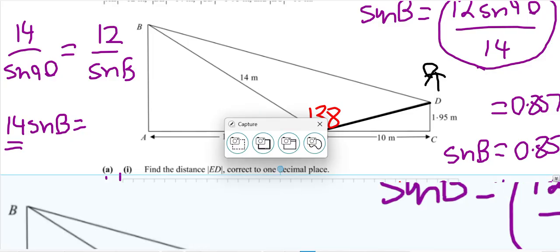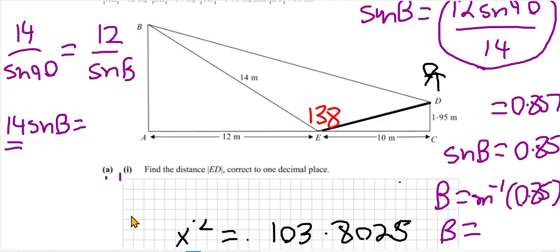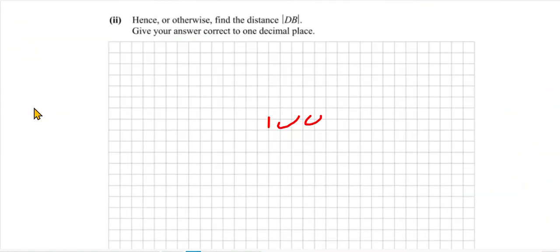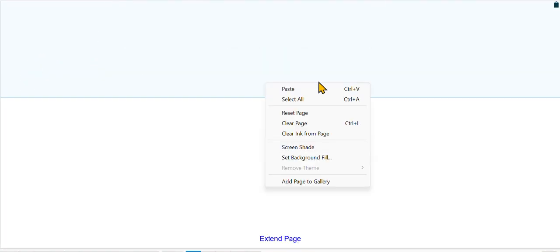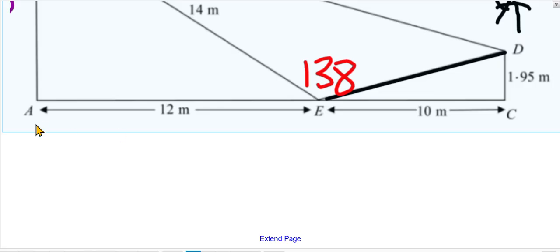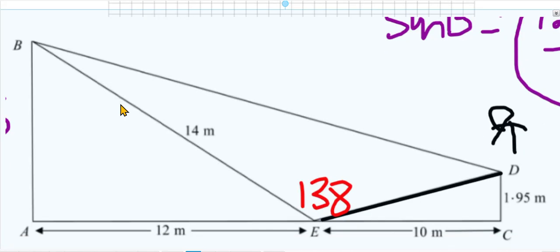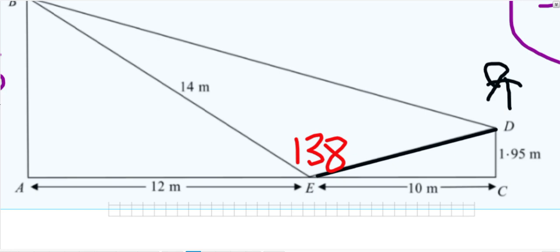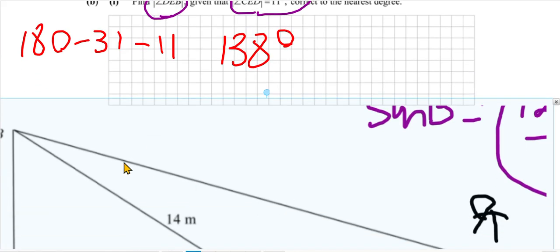Alright, and I'm going to use this picture to find it for us. Here it is here. Okay. So I'm going to use this picture to find D to B. All right, here we go.